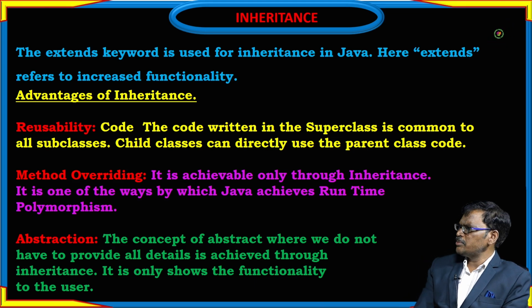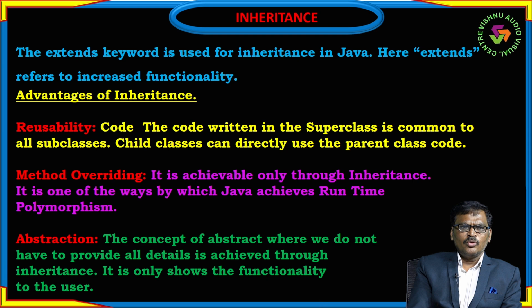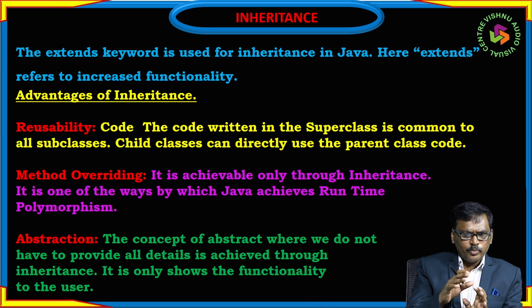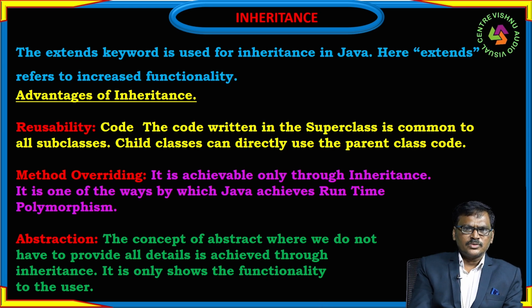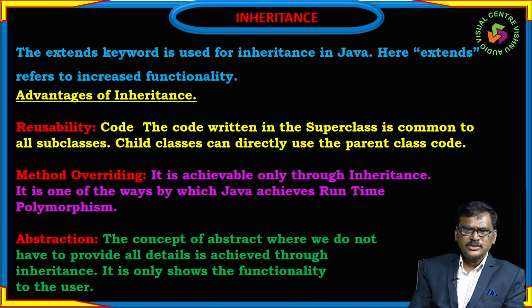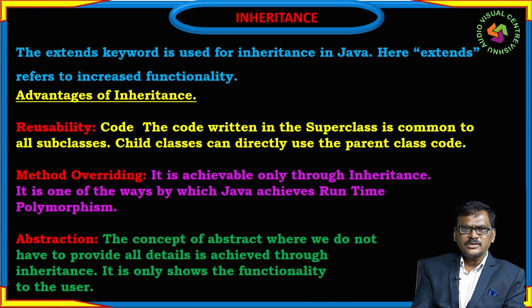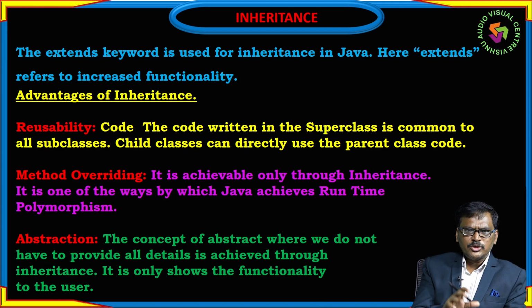Suppose I have a C language program textbook and I am ready to give it to my juniors or friends. I directly give that textbook, so reusability means the same textbook is directly used by juniors or friends.